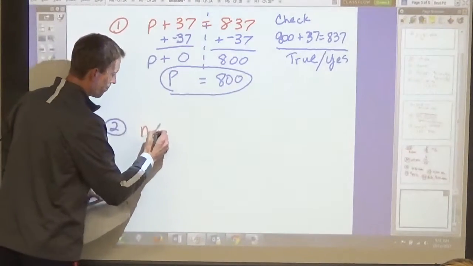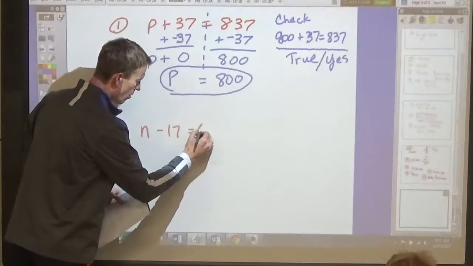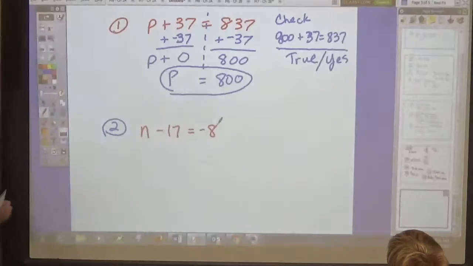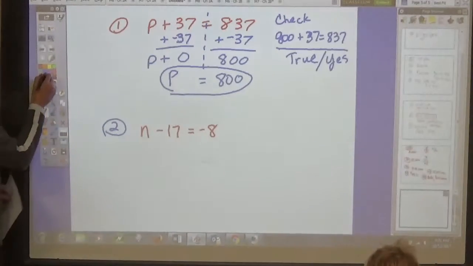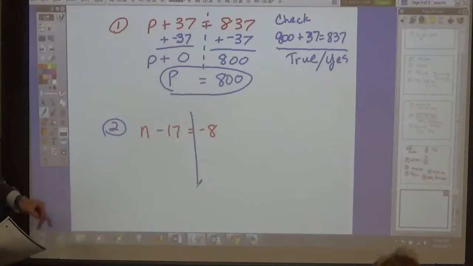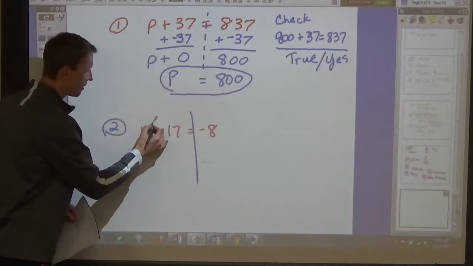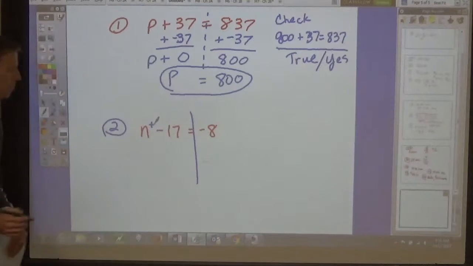Number 2, n minus 17 equals negative 8. So draw a line down here, and what do we put in front of the minus sign? Plus sign. Insert the plus sign. Yeah. Okay?